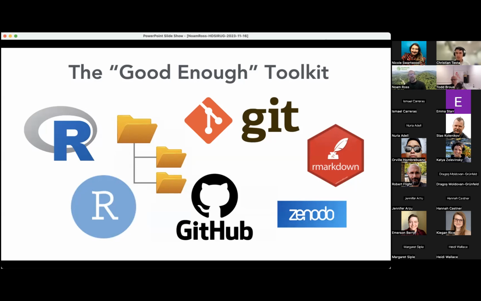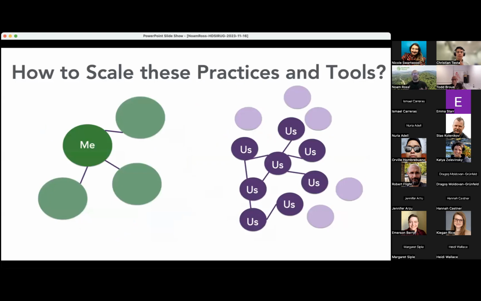And a thing he said was, you know, the good enough toolkit is good enough for the base of the type of work that many of us do, but it's not necessarily good enough when one scales up from an individual workflow to an organizational workflow, because most of the skills that are taught and the perspective on how to use those tools is often around the idea of you're an individual researcher or a small team of researchers that are users of those tools.